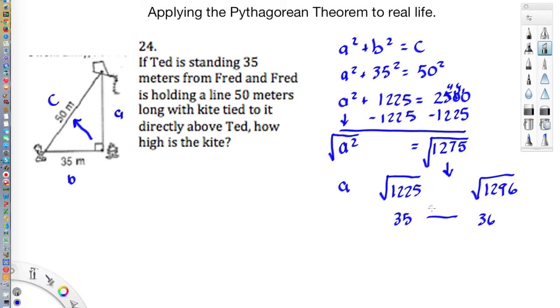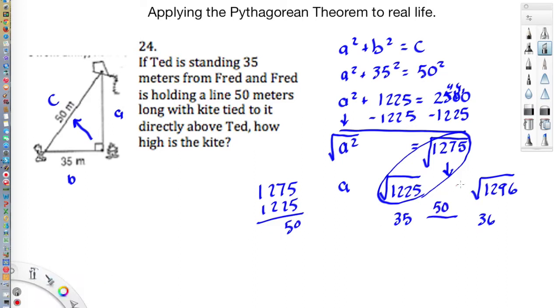So I need to find the numerator by finding the difference between these two numbers. Okay, and that's 1,275 minus 1,225. It's going to give me 50.